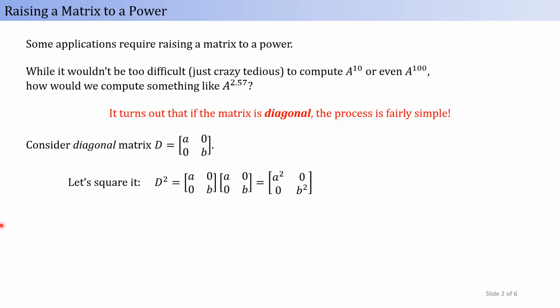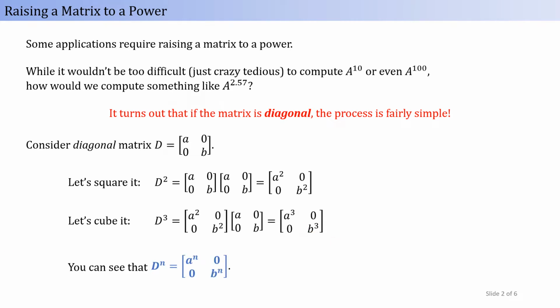Likewise, when you cube it, you get another diagonal matrix with A cubed and B cubed. So you can see that in general, that's always the result: you get the diagonal entries being A to the n, 0, 0, and B to the n.